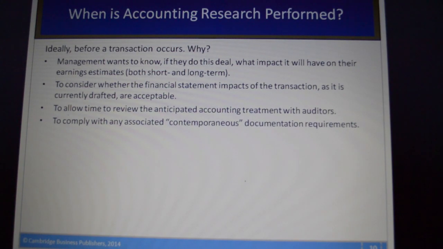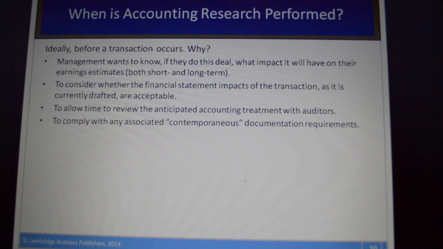Performing accounting research before a transaction occurs is beneficial for a few reasons. This research allows company management to evaluate whether the expected financial statement impacts of the transaction as drafted are acceptable.